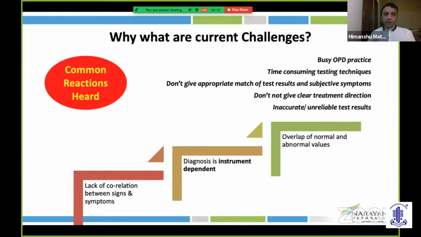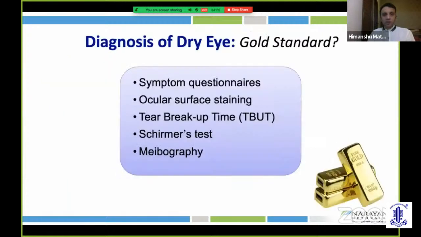There are a lot of overlaps between normal and abnormal, and the diagnosis of dry eye has become more instrument dependent, with a lack of correlation between sign and symptom. So according to me, the gold standard for dry eye diagnosis in our country should be symptom questionnaire, ocular surface staining, tear film breakup time, Schirmer's test, and meibography.